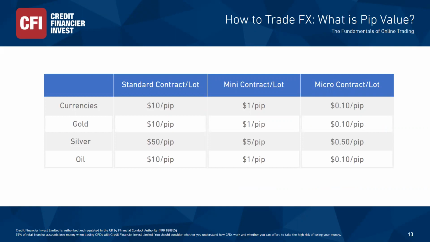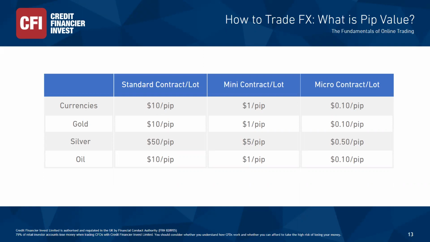If you are trading a mini contract, which is 10,000 euros, the pip value would be $1 per pip. And if you're trading a micro contract, which is a smaller contract, as I mentioned before, it would be 10 cents per pip.